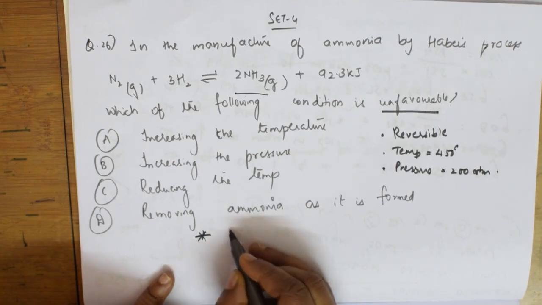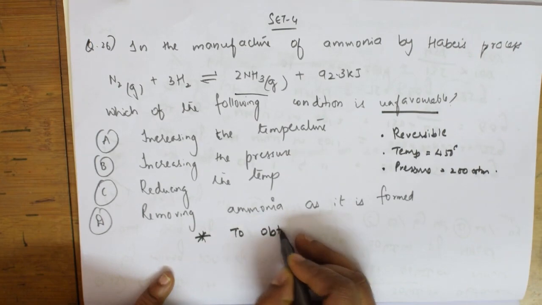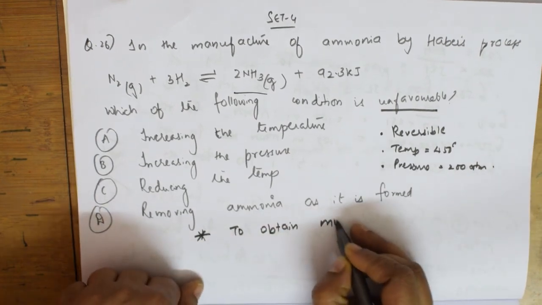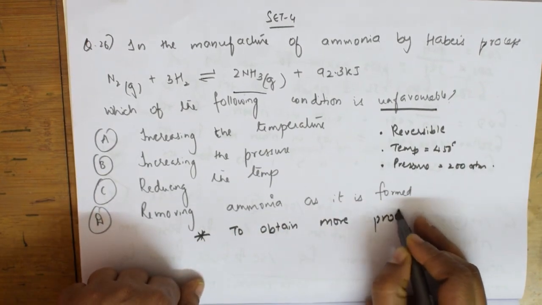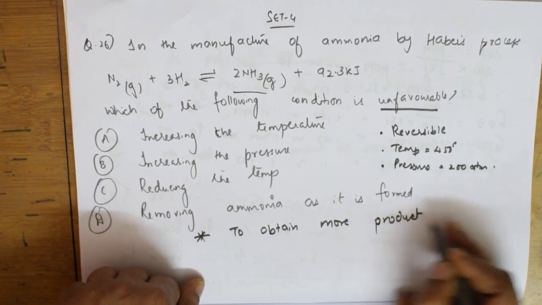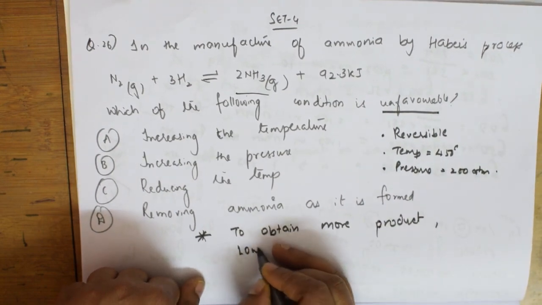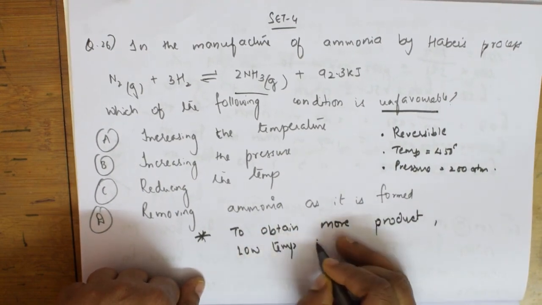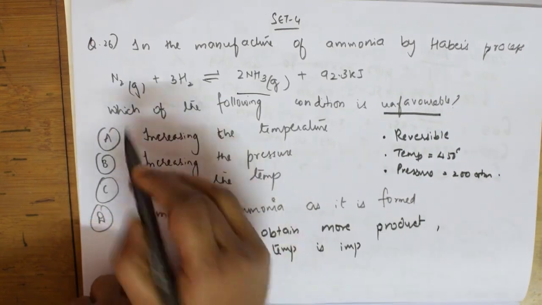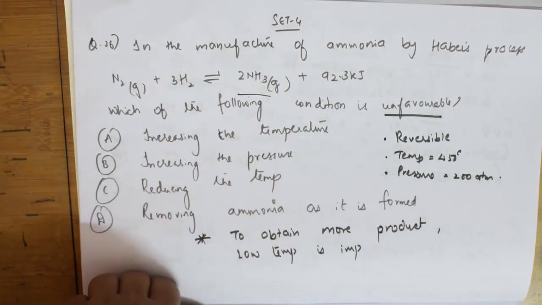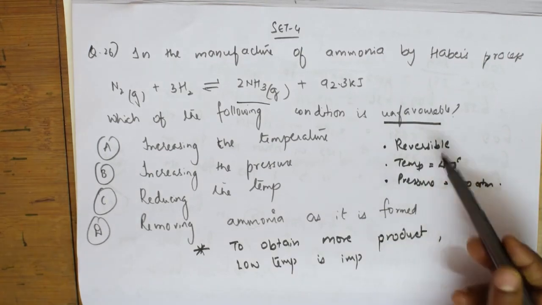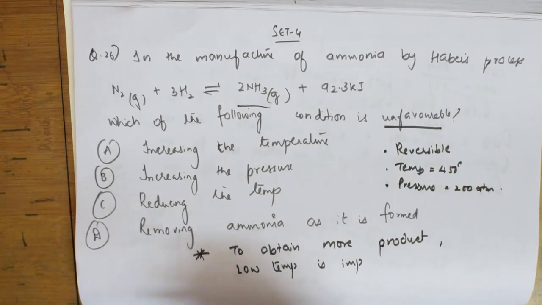According to Le-Chatelier's principle, to obtain more product, low temperature is important. Because of this, it proceeds towards the forward direction. So I have to remember these conditions and think about the options.